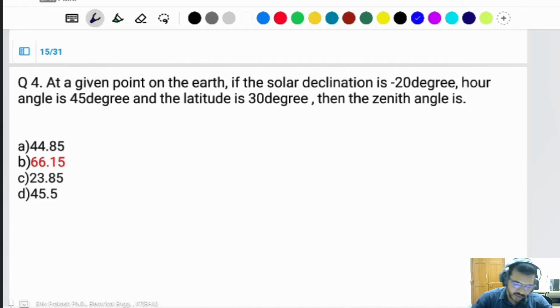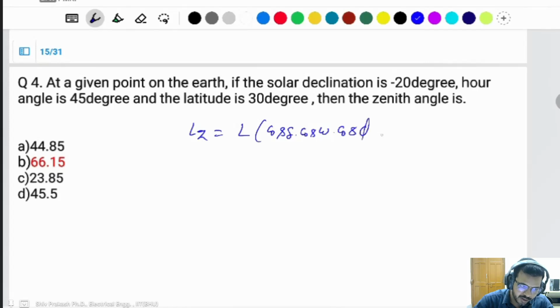Everything is given, and you know about the L. L cos theta z equals L times cos del into cos omega into cos phi plus sin del into sin phi.